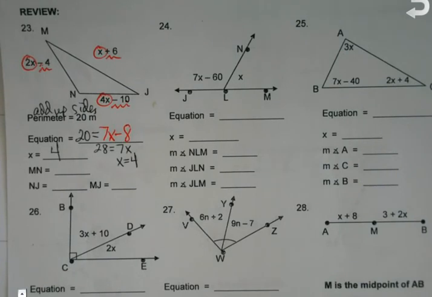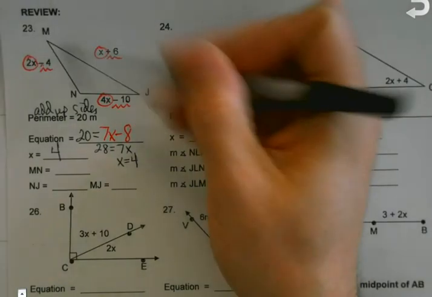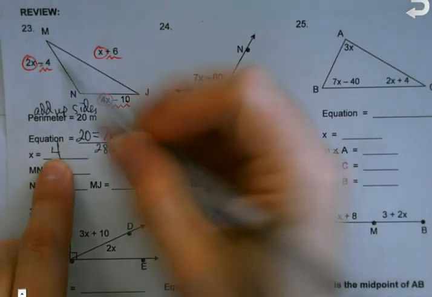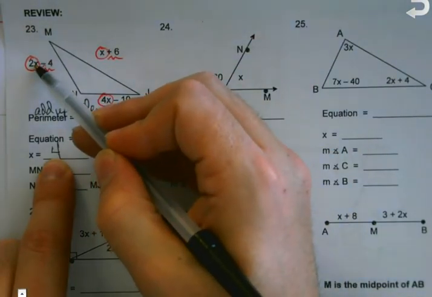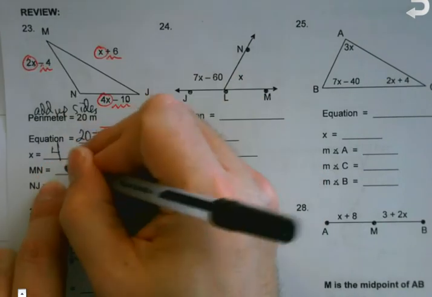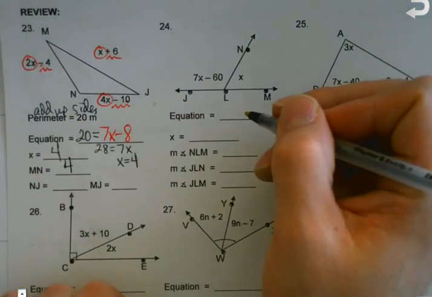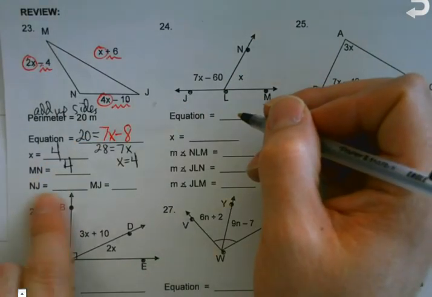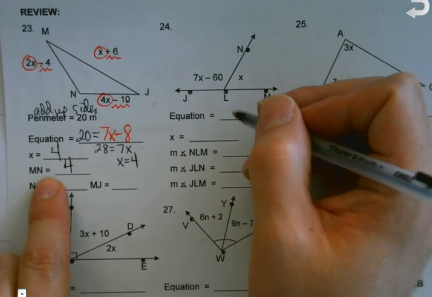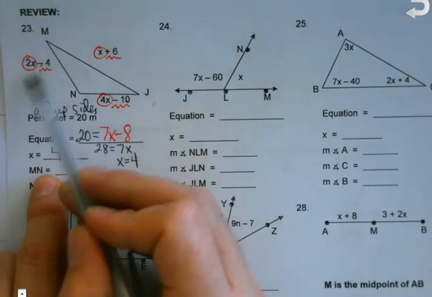That's the homework. So now, MN, I'm just going to start filling this 4 in. So 2 times 4 is 8, minus 4, so my MN value is 4. Because MN is this.